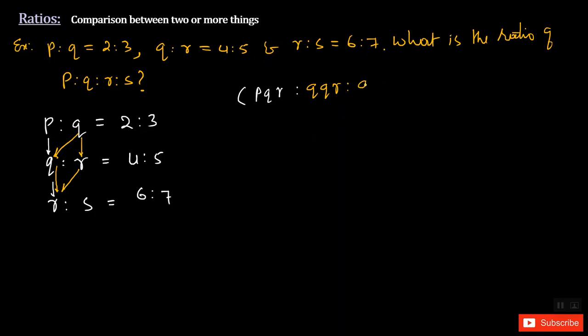So this can be written as Q times R times R. And the last is just the same as the first one. You have to multiply all the last terms, that is Q times R times S.